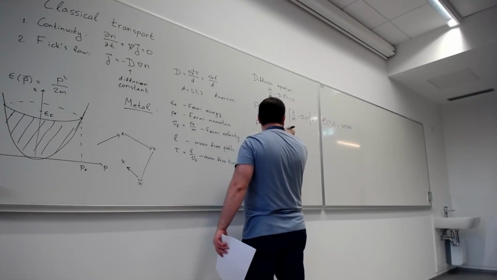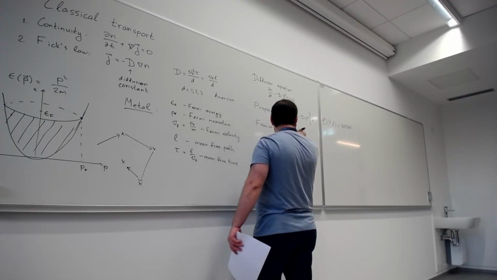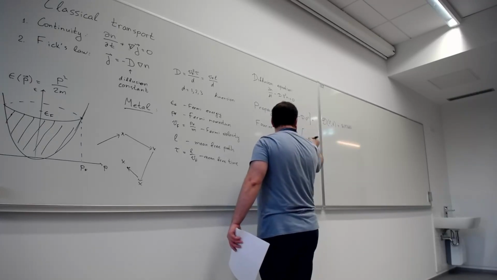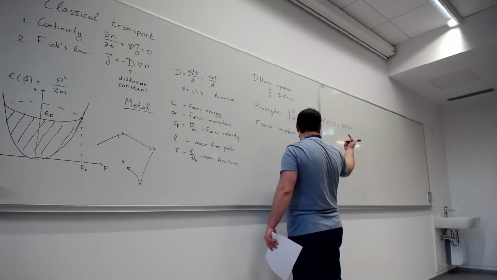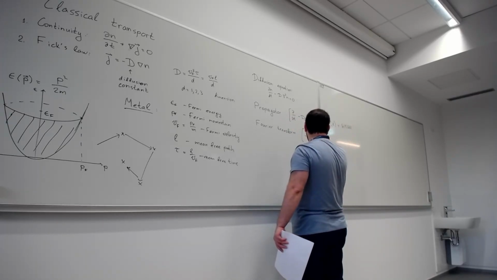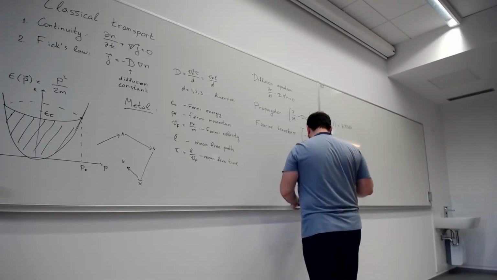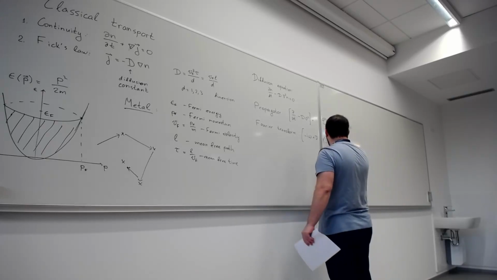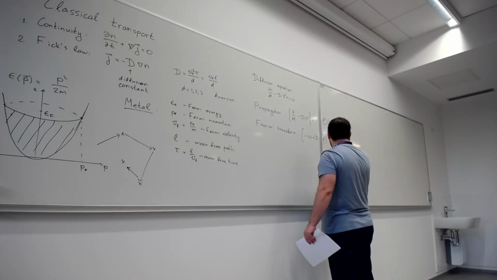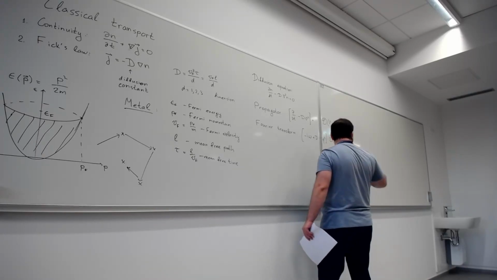Fourier transform means that the time derivative is replaced by minus i omega, the frequency. Spatial gradient is replaced by i times momentum q, so nabla squared becomes minus q squared. The function becomes a function of q and omega, and the delta functions become just 1.